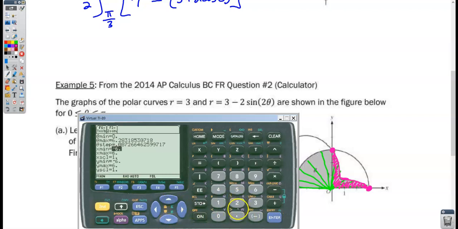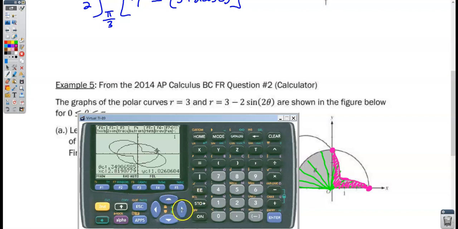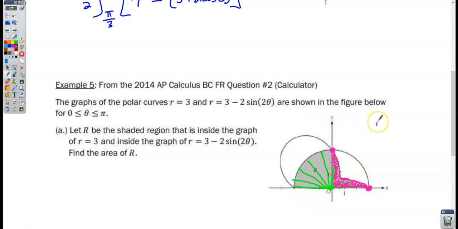Yeah, that should be good. Okay, so if I trace this starting at 0, where do these intersect? Okay, that is at pi over 2. I just wanted to make sure that is at pi over 2.